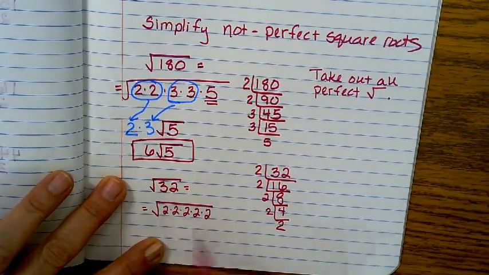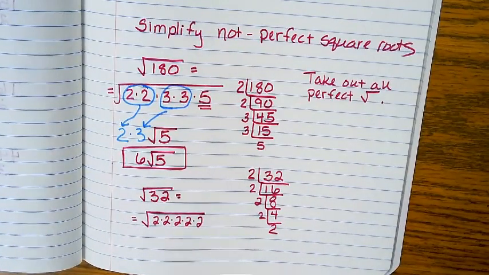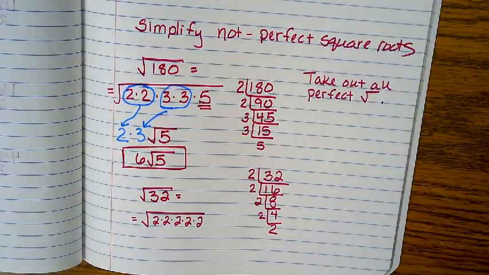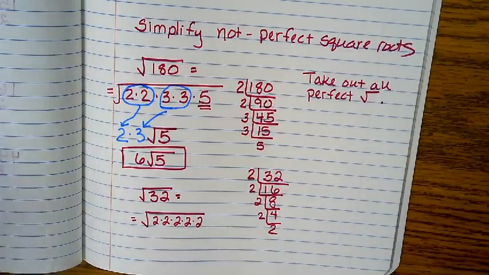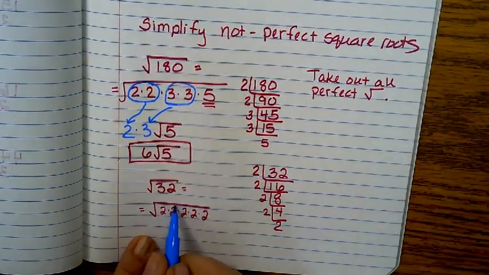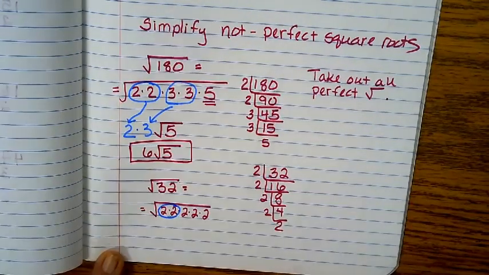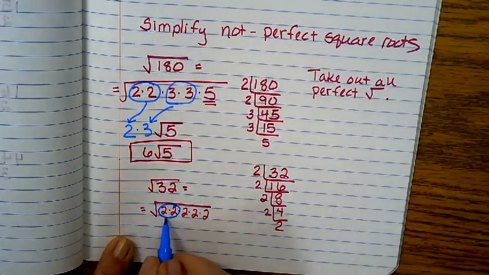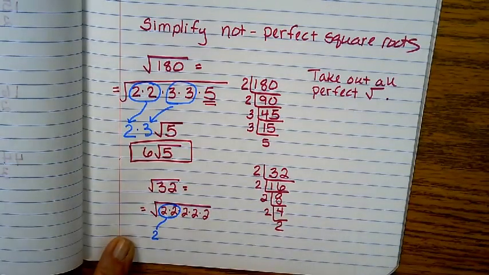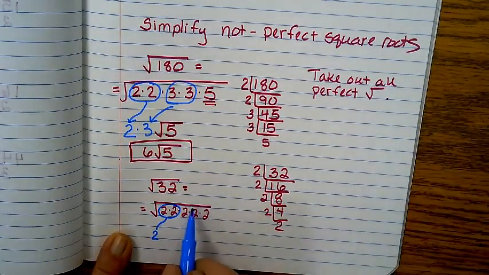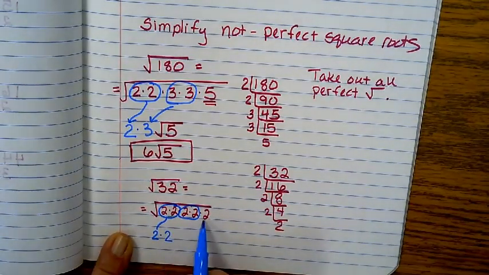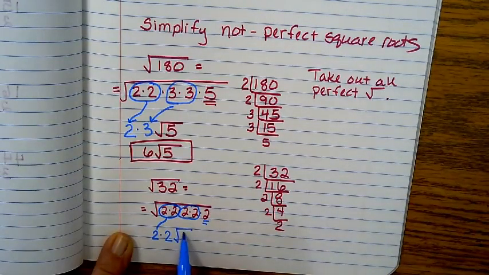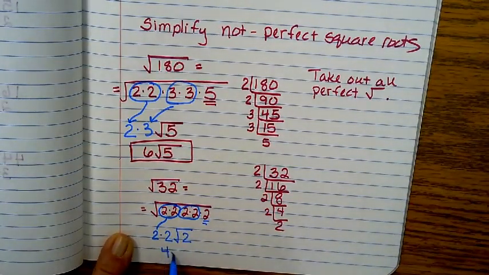So it looks like I get 5 2s there. Did you guys get that? And then we can circle pairs. So 2 times 2 is 4. The square root of 4 is 2. For every pair, we just pull out one of that number. There's another pair. This 2 is left over, so it stays underneath. So the answer there is 4 square root of 2.